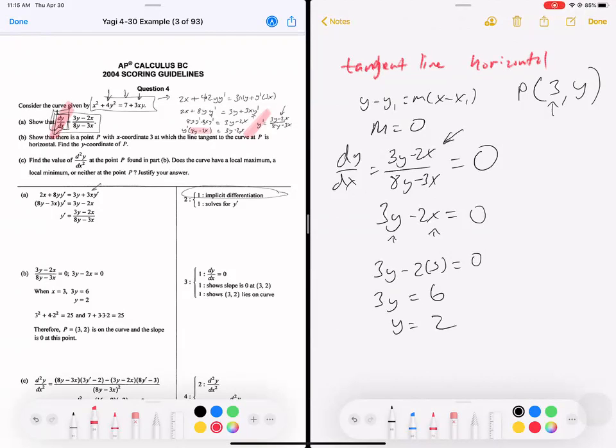So our point P is going to be 3 comma 2. Show that there is a point P with the x value 3, and that the line tangent to the curve at P is horizontal there, and find the y coordinate of P.